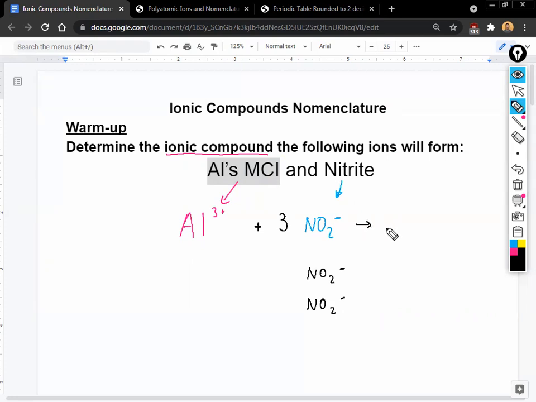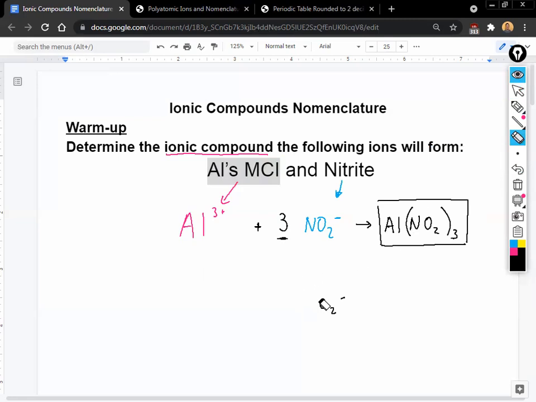For the compound they make, I write them next to one another, Al and NO2. Since I use 3, I put the NO2 in parentheses and put a 3 on the outside. That is the molecule you are going to make. Pretty simple, right? I'll give you a second to copy that down.